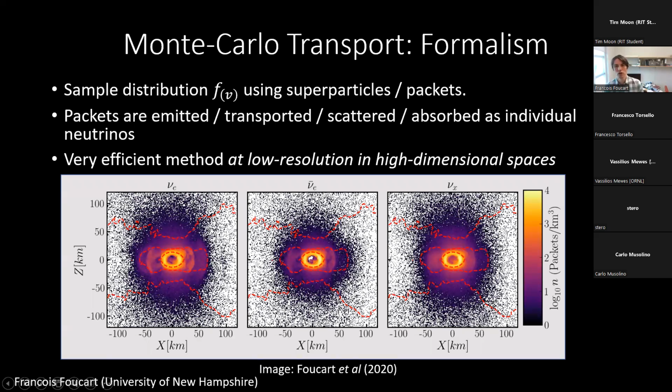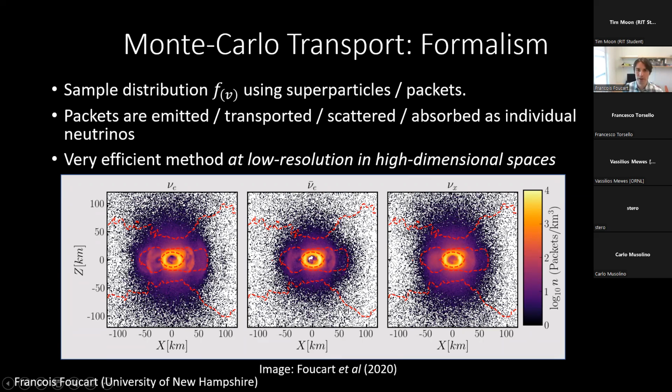And the colors show you the logarithm of the number density of packets in the simulation. And you can see that the vast majority of the packets are focused right on the hot surface of the neutron star, or here in this shocked region in the accretion disk, with some packets also in these regions here where there is significant neutrino-matter interaction, and nearly no packets in the farther away regions where there is negligible neutrino-matter interaction.